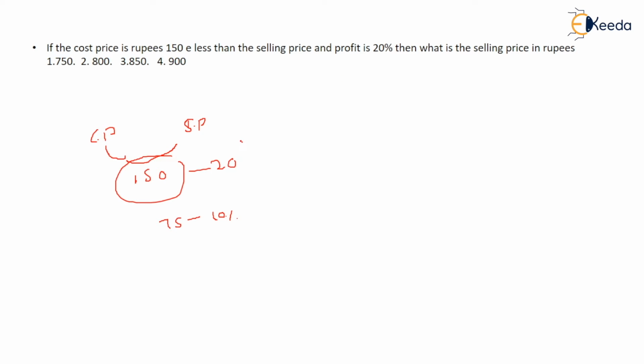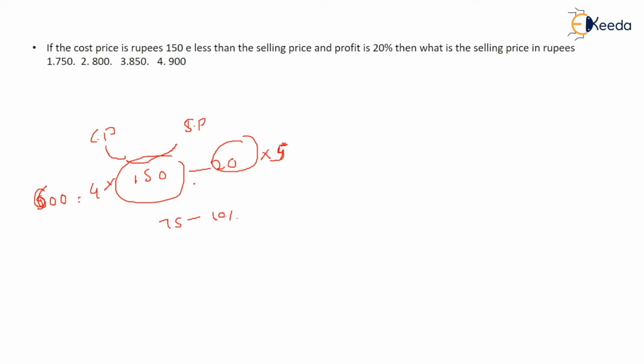So you know that 20% is 150. To make it 100%, you have to multiply it by 5, sorry, because this is 20%.